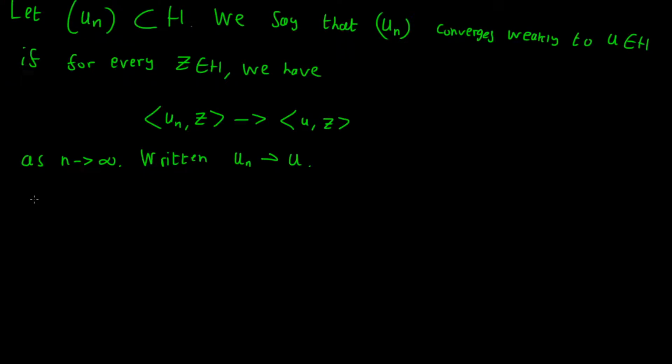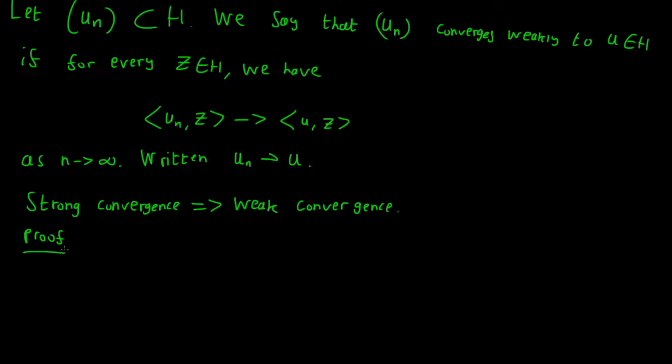So the reason why this is weak is because strong convergence implies weak convergence. And the proof of this is very simple. We just use the Cauchy-Schwarz inequality. So if we have the inner product of u_n minus u with z, where up here we've just taken this over, this thing should tend to 0.